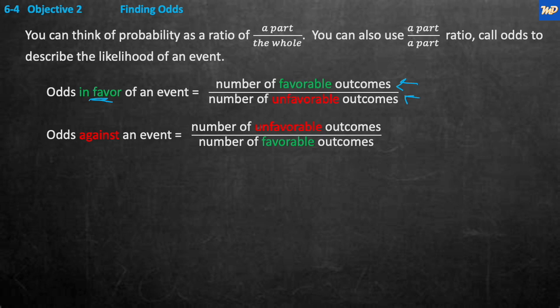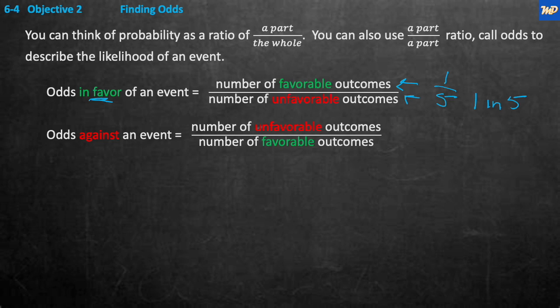We say that's 1/6. Well, the favorable is a 1, and the unfavorable would be 5. Now we're talking about odds. So the odds are, the way we word that is, 1 in 5.